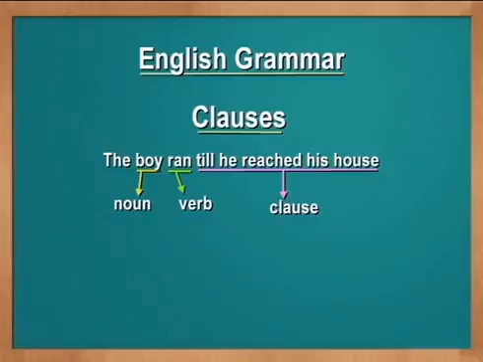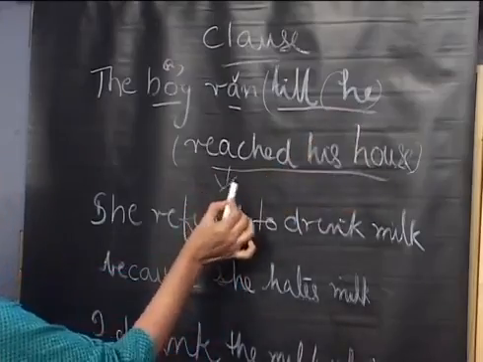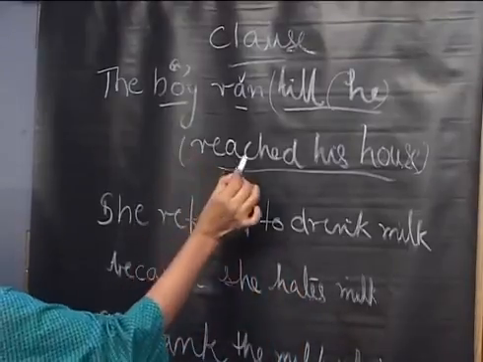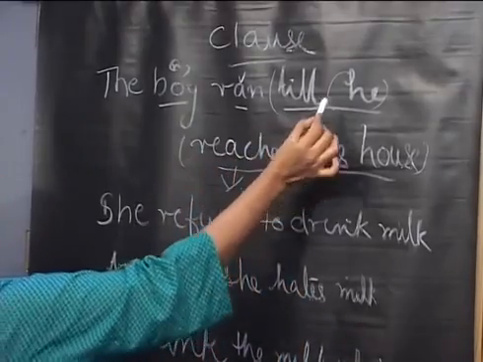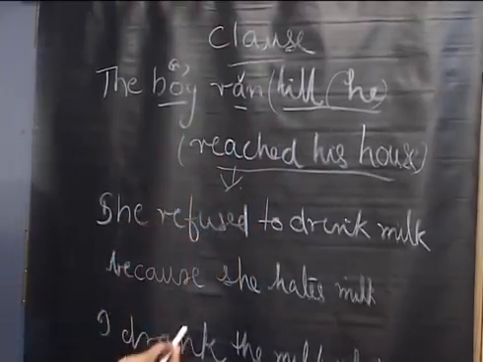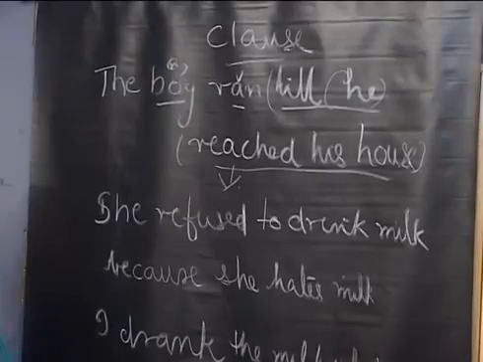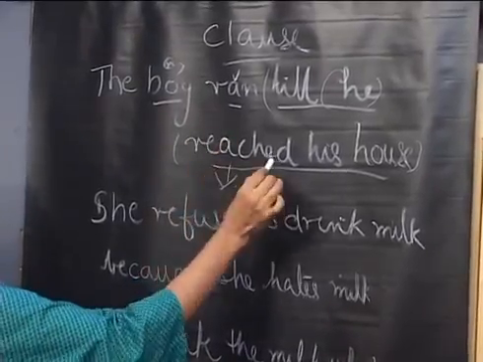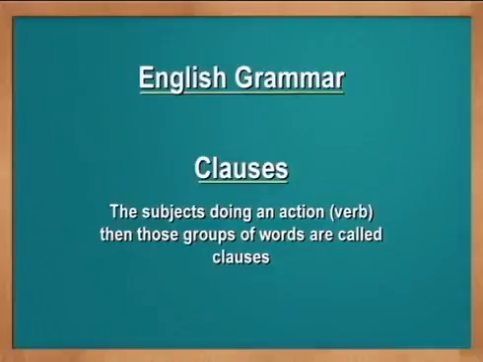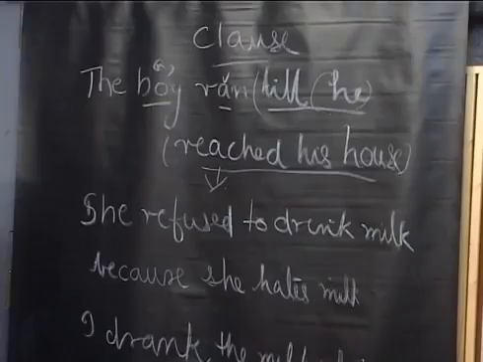So, here we have a subject doing an action, he reaching his house. So, when you have a subject doing an action, then those groups of words are called clauses. In a phrase, you will never have a subject doing an action. You may have a subject, you may have a verb, but you will not have a subject doing an action.